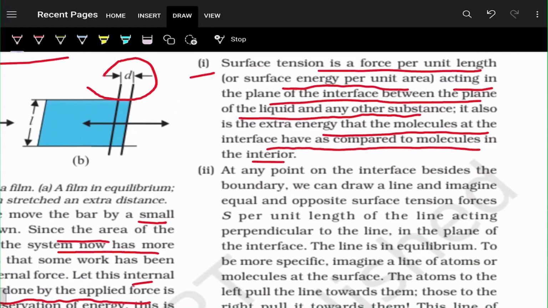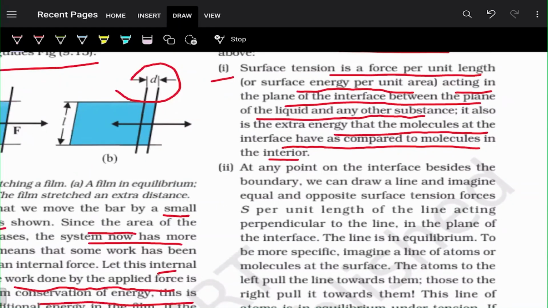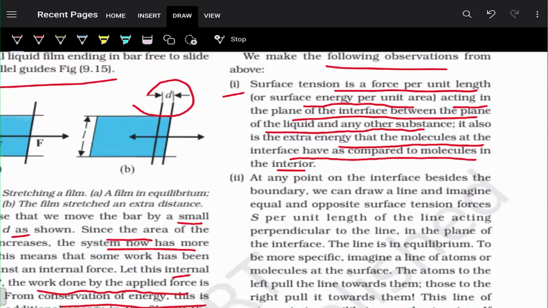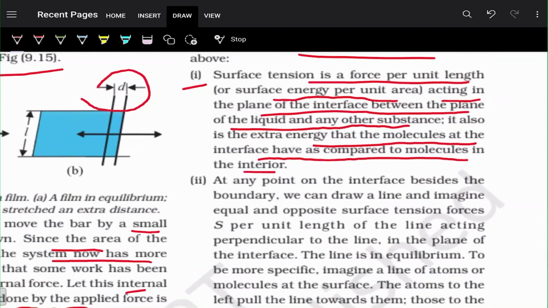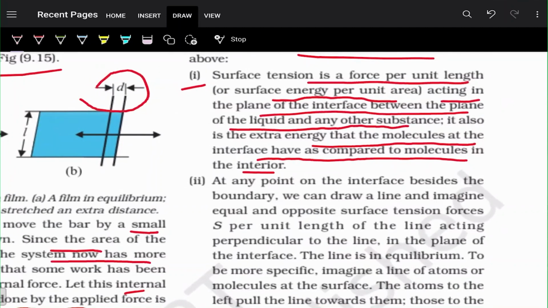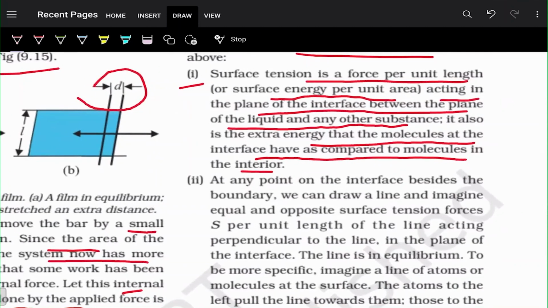Simple. So surface tension is a force per unit length or surface energy per unit area acting in the plane of the interface between the plane of the liquid and any other substance.